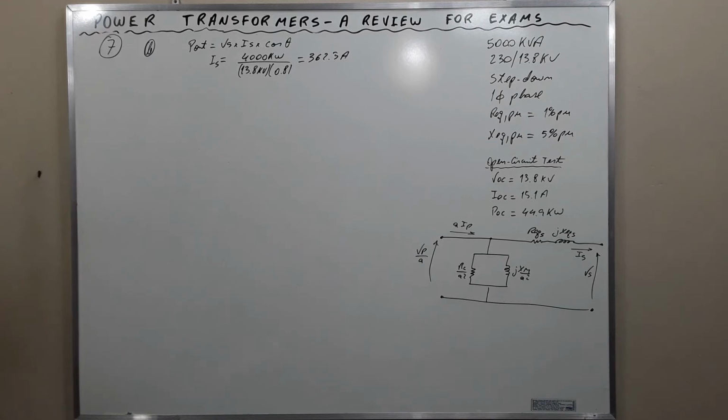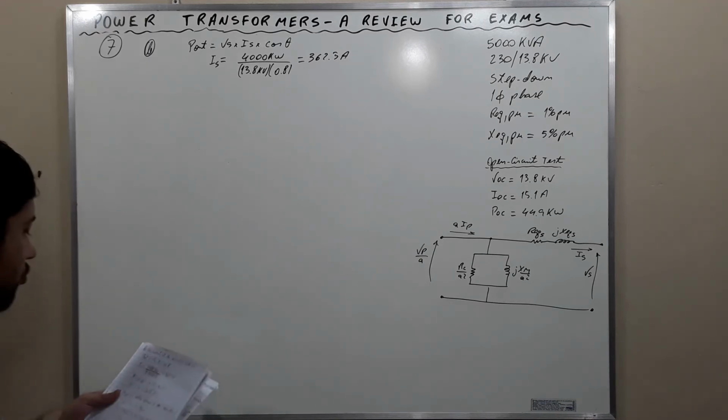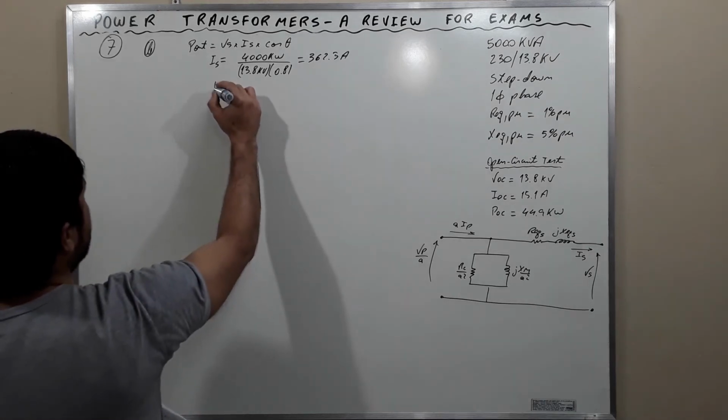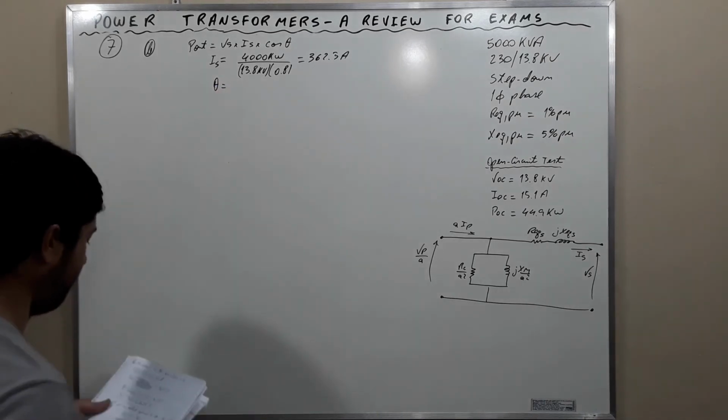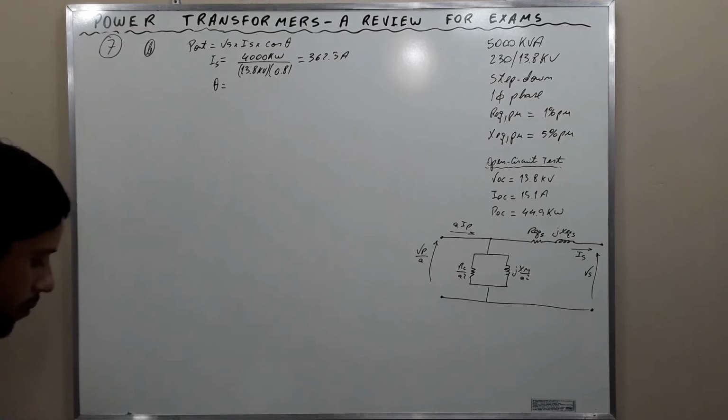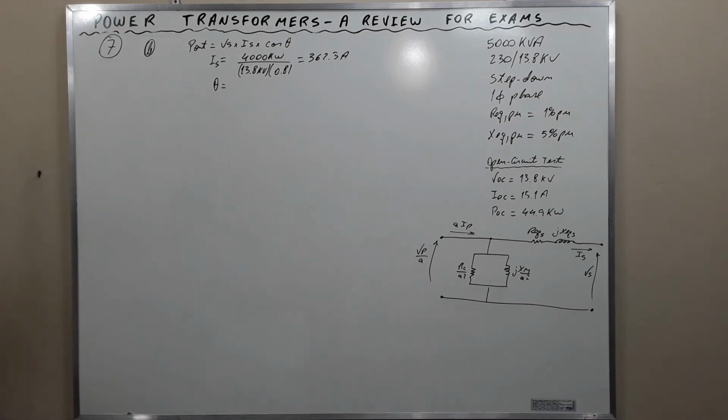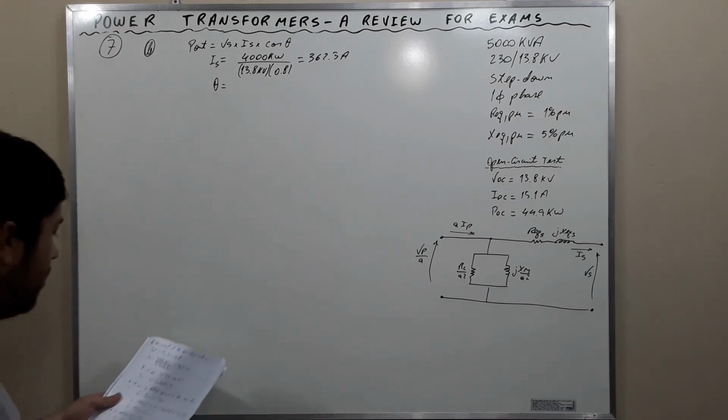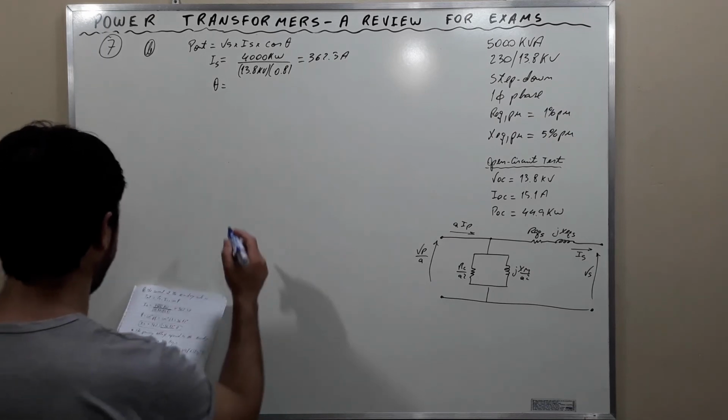This is the magnitude only, and to find the angle we need to consider the power factor. The power factor is lagging, so the angle of the current is negative.